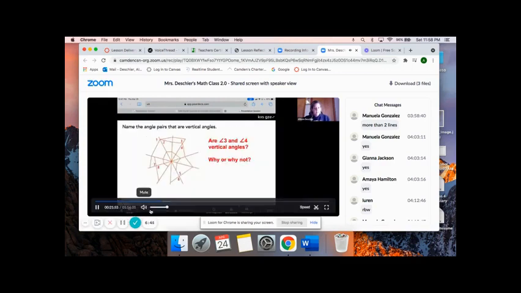All right, I'm going to offer a little less help on this one. Are angles 3 and 4 vertical angles? Why or why not?